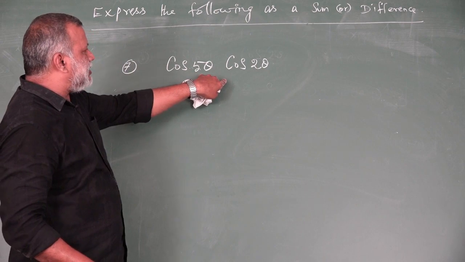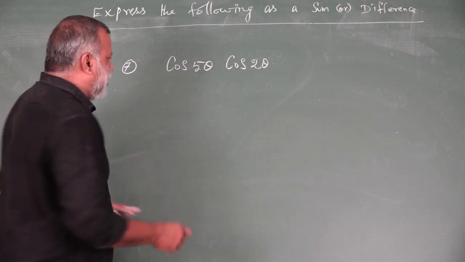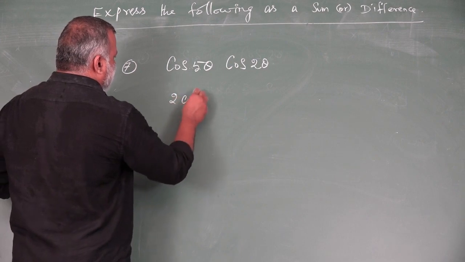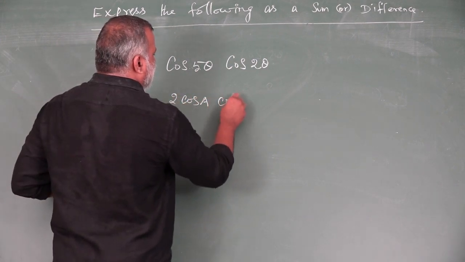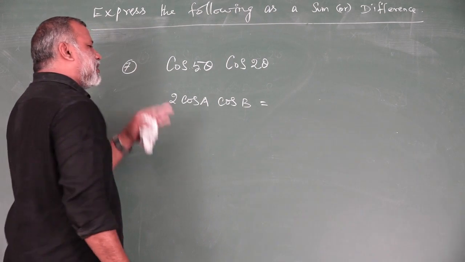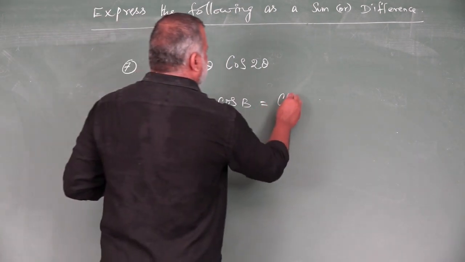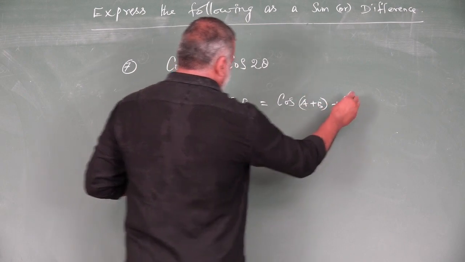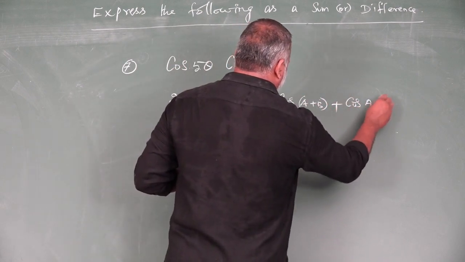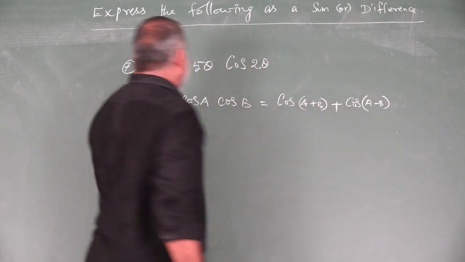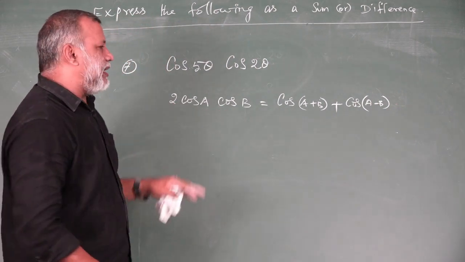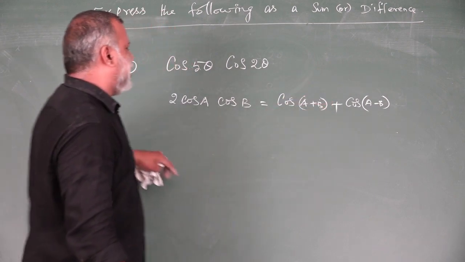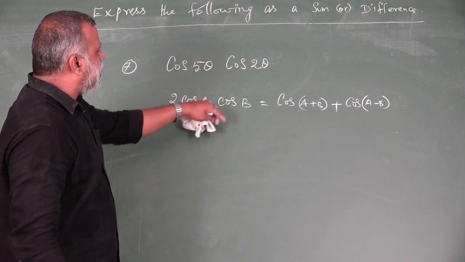The given product is in the form of cos A cos B. Now we are having a formula like this: 2 cos A cos B. When we are getting 2 cos A cos B, that means cos of A plus B plus cos of A minus B.